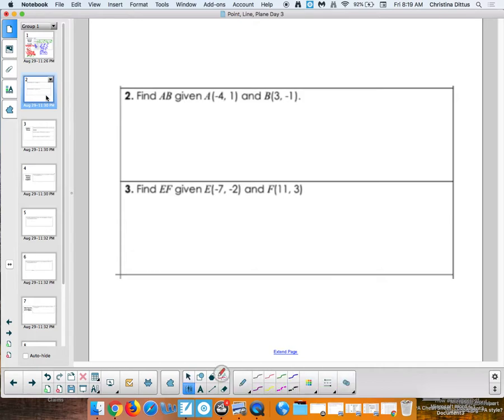Okay, so using our distance formula, let's set up this problem. We got -4, 1 and 3, -1. So D equals big square root. What is my x2? 3. So this is x1, comma y1, and this one is x2, comma y2.